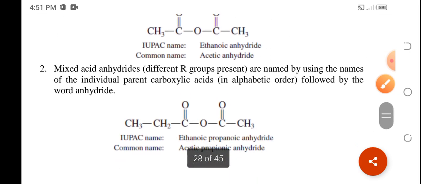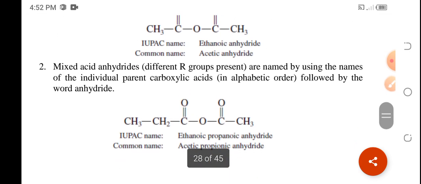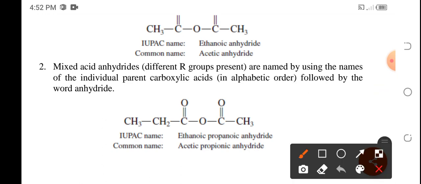Okay, how about if the R groups are different? You have to name according to the individual parent carboxylic acids, and arrange them alphabetically. This R group has three carbon atoms, so it comes from propanoic acid, and this has two carbon atoms, so it came from ethanoic acid.